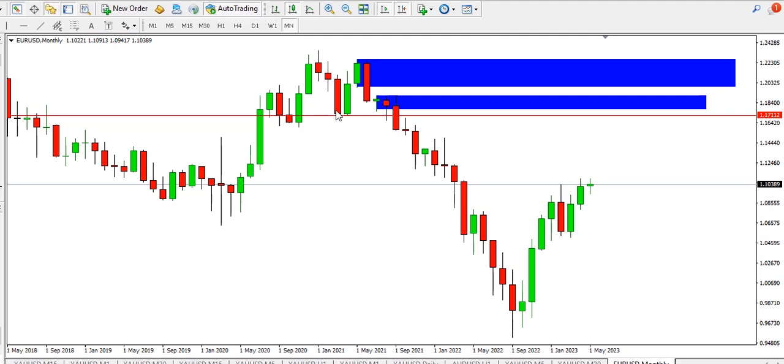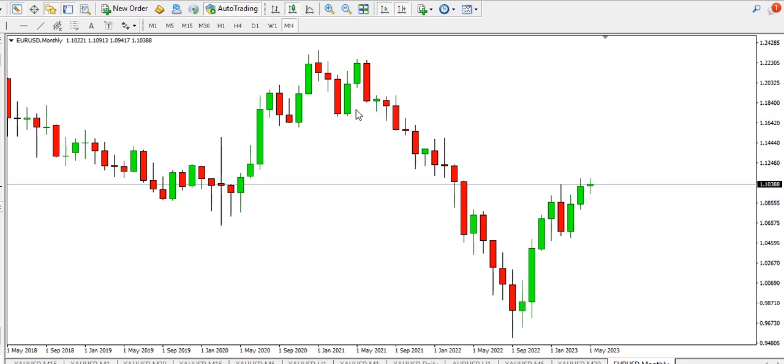Another important part of an order block is that it will sometimes lead to imbalance. What do I mean by imbalance? A perfect set of formed candles will always have their wicks testing each other.